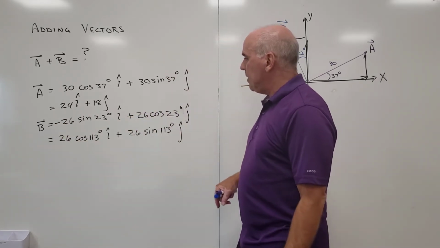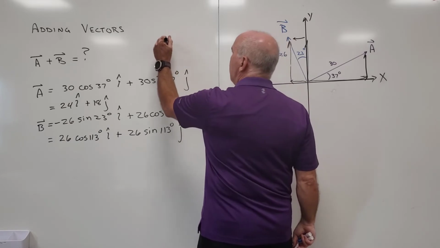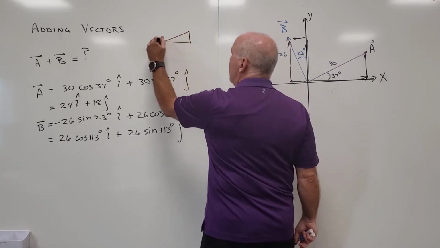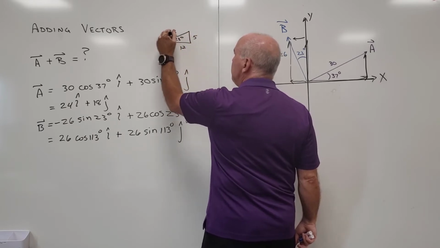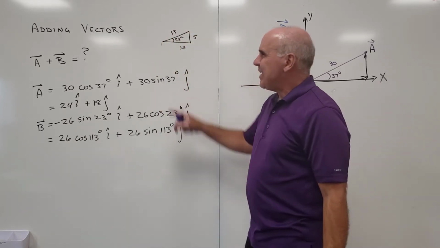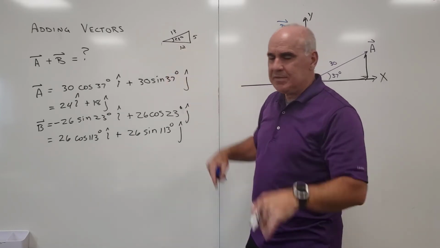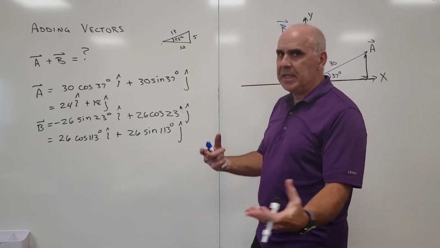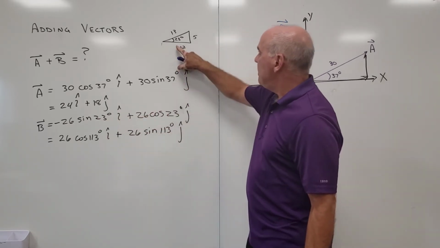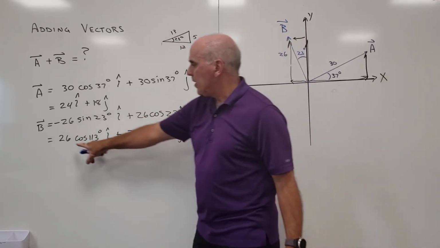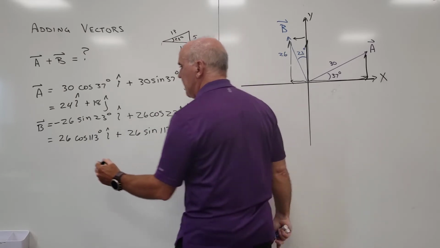Okay, well 23 degrees is part of a 5, 12, 13 triangle. Right, this is 23 degrees, this is 5, 12, and 13, okay? It's actually 22.6 degrees, but let's not get into it in too much detail. Even that's not exact, right? So the sine of 23 degrees is 5 over 13. If I multiply that by 26, I'm going to get 10.